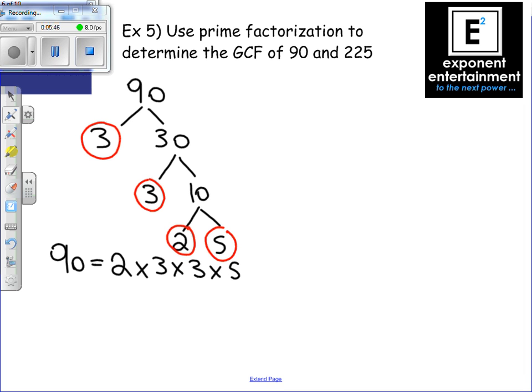When you have 225, put your hand up. The prime factorization of it.